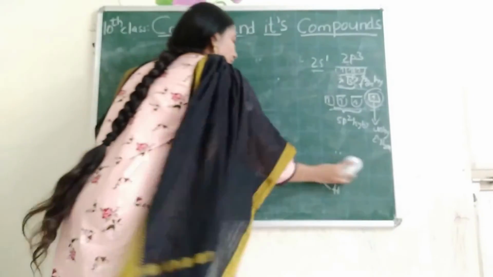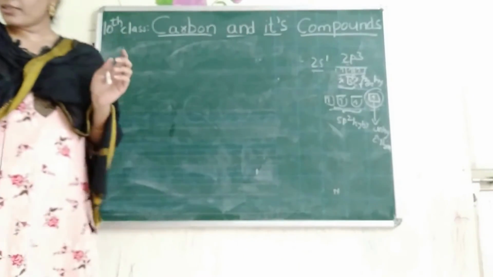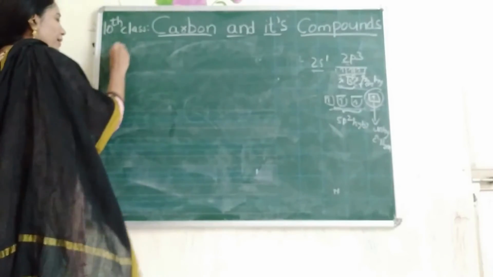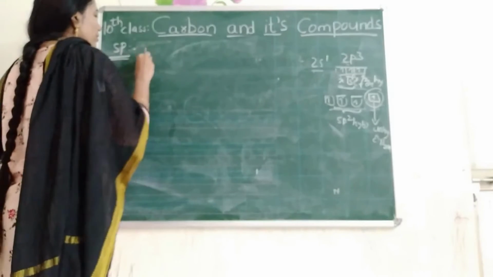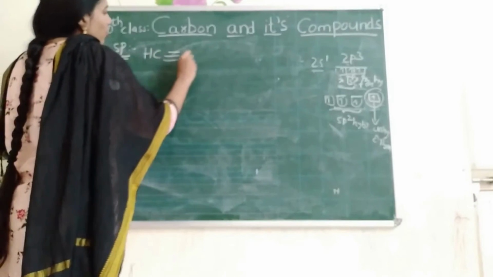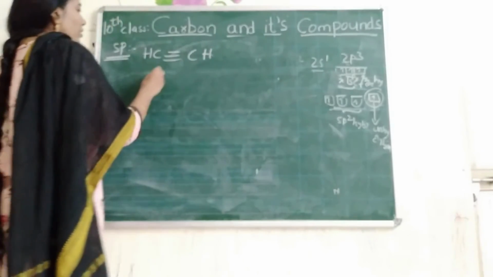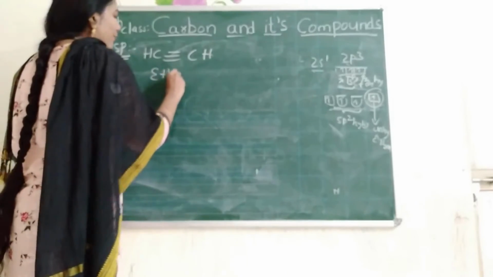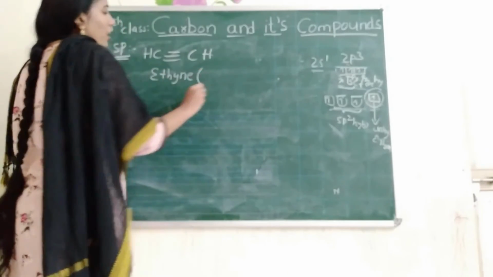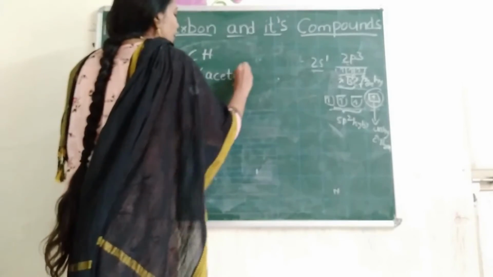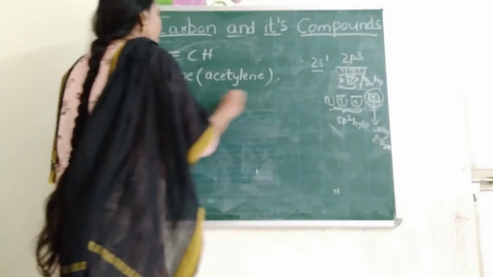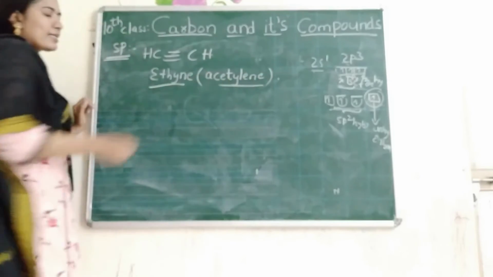The IUPAC name of this compound is ethyne. The common name is acetylene.